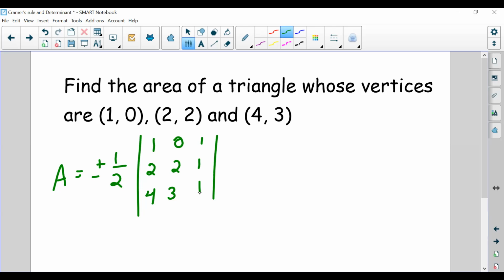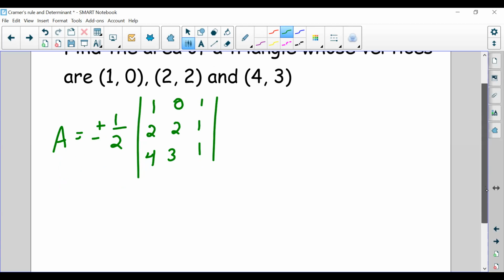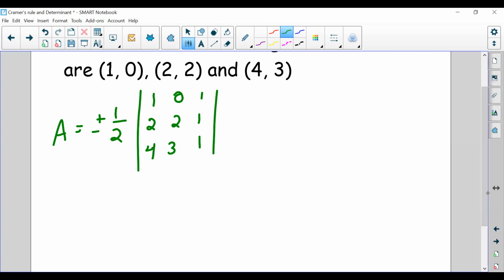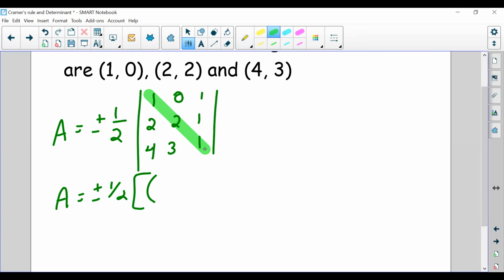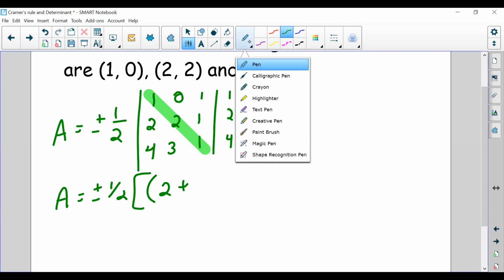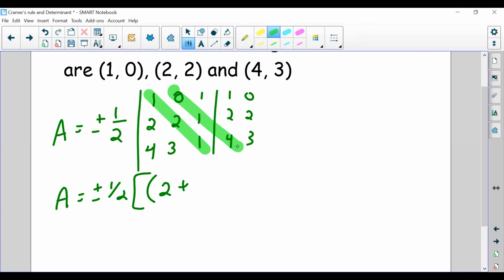Okay, so I need to take the determinant of this 3x3 matrix. I'm going to do this the old-fashioned way since I don't have a calculator up here with me right now. So I'm going to take my diagonals down. 1 times 2 times 1, that gives us a 2, plus my next diagonal down, 0 times 1 times 4, which is 0.